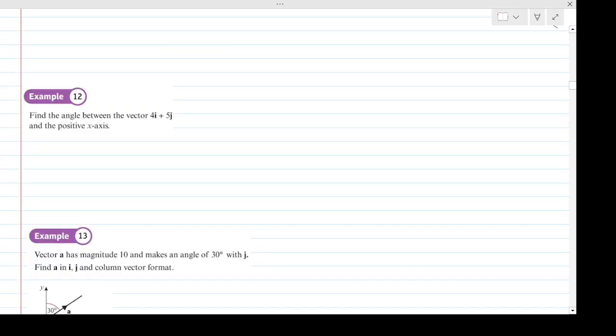So it's asking us now to find the angle between the vector 4i and 5j and the positive x-axis. If it's talking about angles, I'll probably need to draw the vector to see the angle. The x-axis is there, the y-axis there.